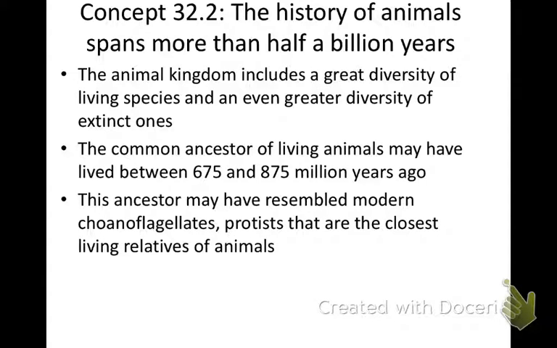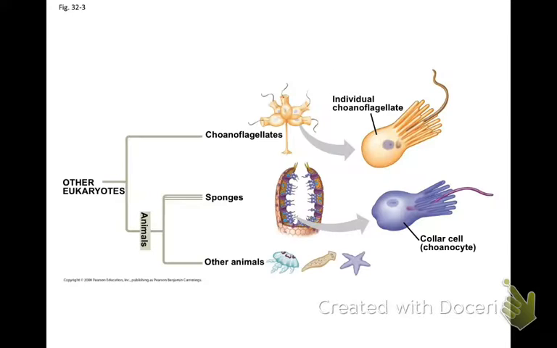So the first animals arose about 700 million years ago, and we believe that the animal ancestors may have resembled modern choanoflagellates, which are single-cellular protists that are the closest living relative of animals.